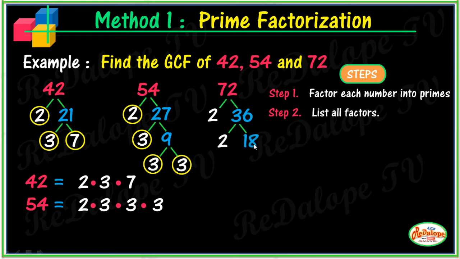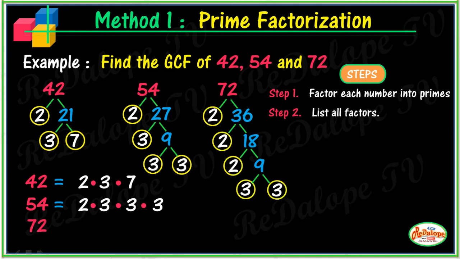Now 18 is an even number again, so we divide it again by 2. 18 divided by 2, so that is simply 9. 9 cannot be divided by 2, so we divide it by 3. So 9 divided by 3, so that is 3. 2, 2, 2, 3, 3 are prime numbers. So we will list down all the factors of 72. So that is simply 2, 2, 2, 3, 3.